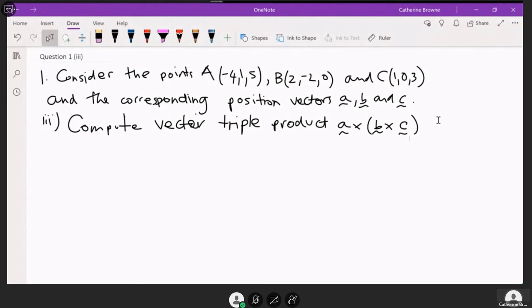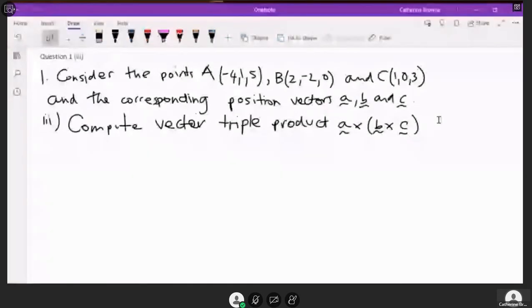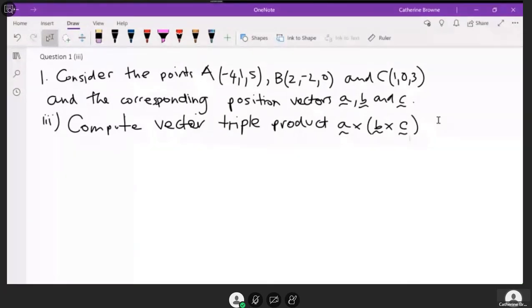If you want to draw a picture, if it helps you understand where the geometric interpretation is coming from, that's fine. I just hope that you would consider the shape and make sure that makes sense for you as well, so you can see why that is the geometric interpretation.